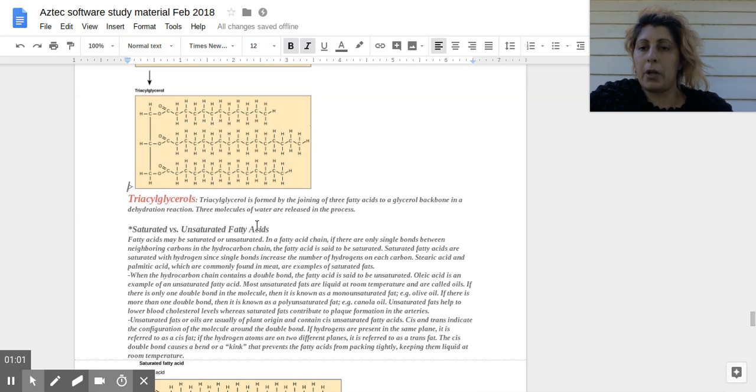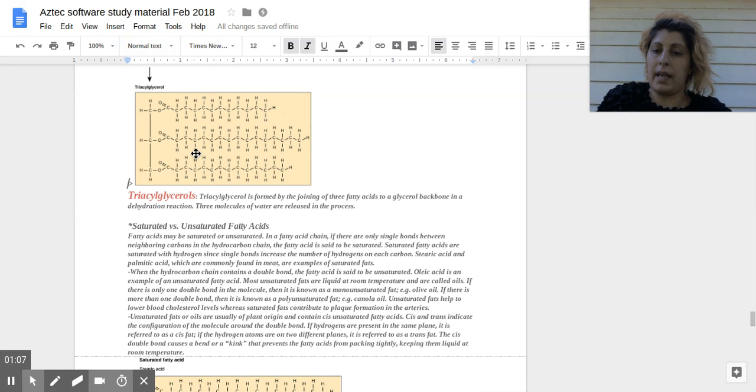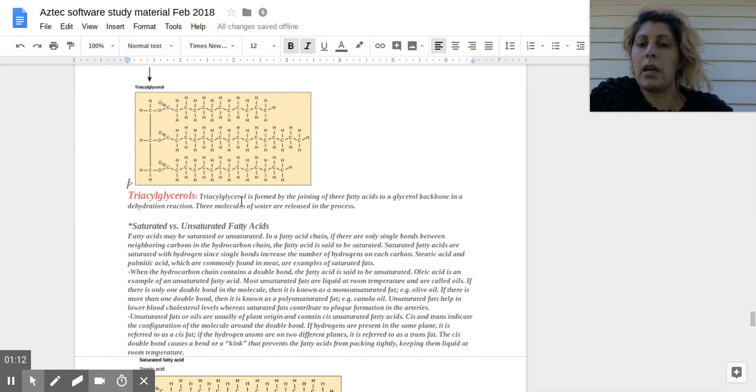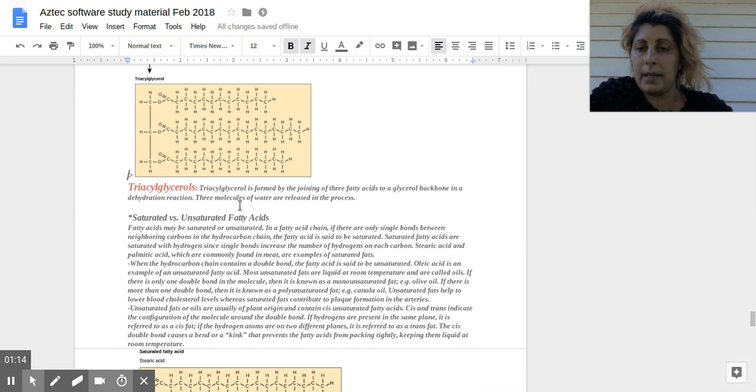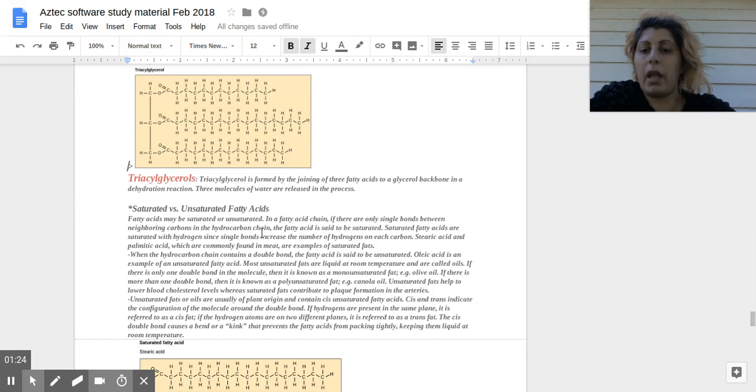So fat molecules may be saturated or unsaturated, depending on the fatty acids. If the fatty acid has only single bonds, these are called saturated tails, fatty acid chains. If they have double bonds, these are called unsaturated.